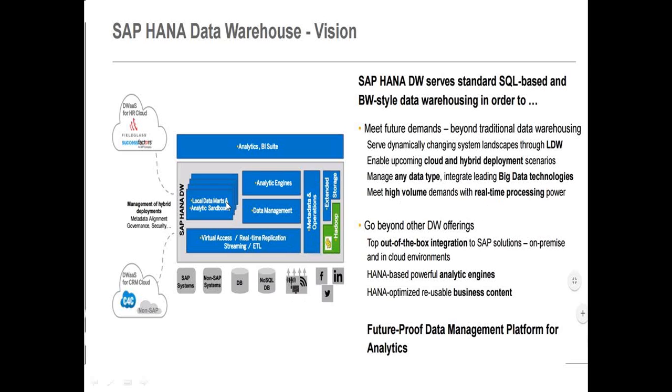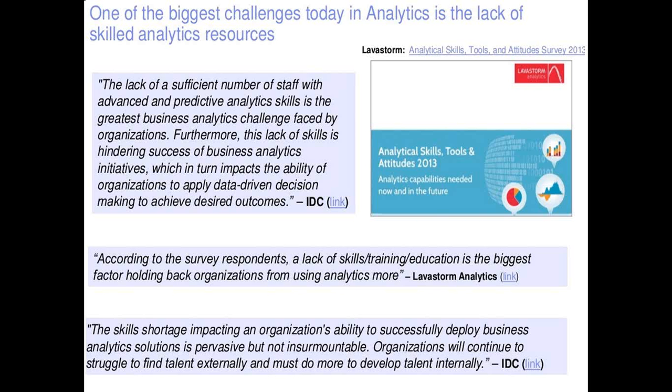The idea is BW is evolving now into accepting data from other databases, which is called smart data access. Previously it started with SAP, but it can have SAP, non-SAP, and NoSQL databases like Hadoop. That is what SAP is going towards. Okay, that's the latest and greatest vision of SAP.